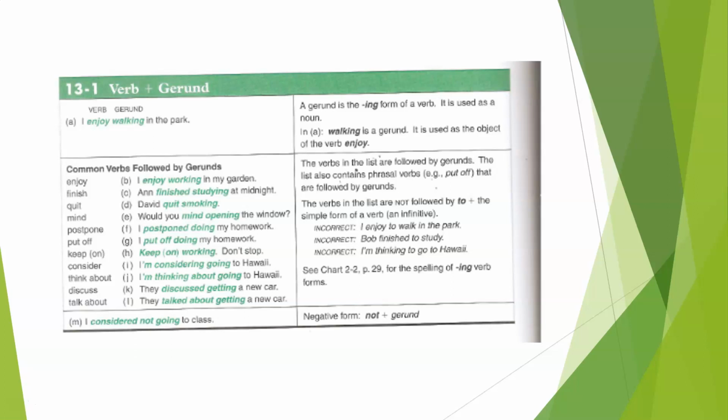So what is a gerund form? A gerund form is an ing form of a verb. Sometimes it is called present participle form. So the present participle form and a gerund form are the same.